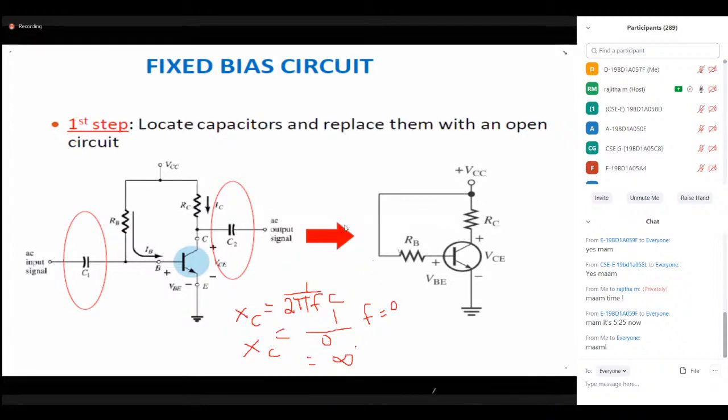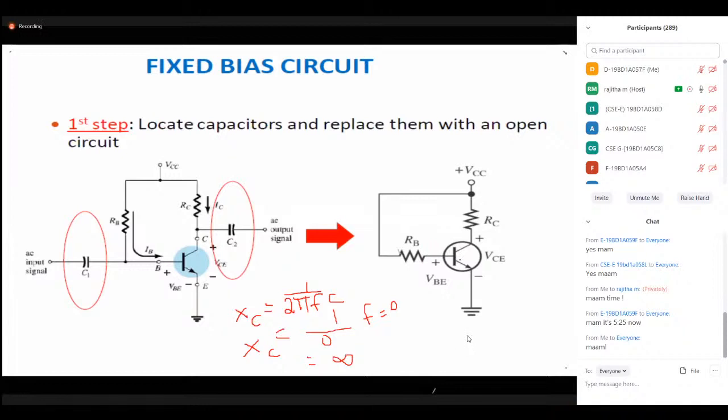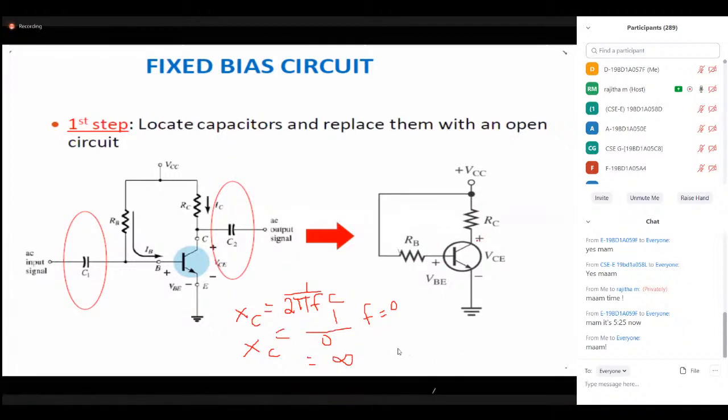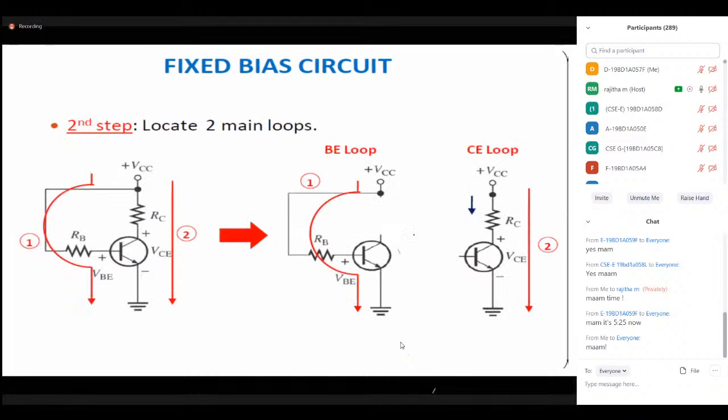So if I place open circuits at the coupling capacitors C1 and C2, then VCC is directly coupled to the base of your transistor through the resistor RB, as well as to the collector through RC only, right?